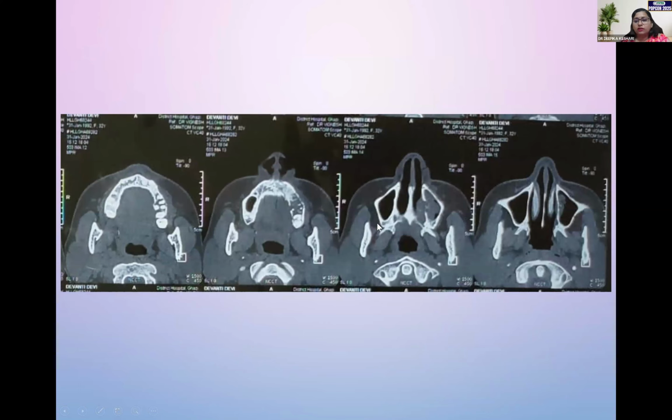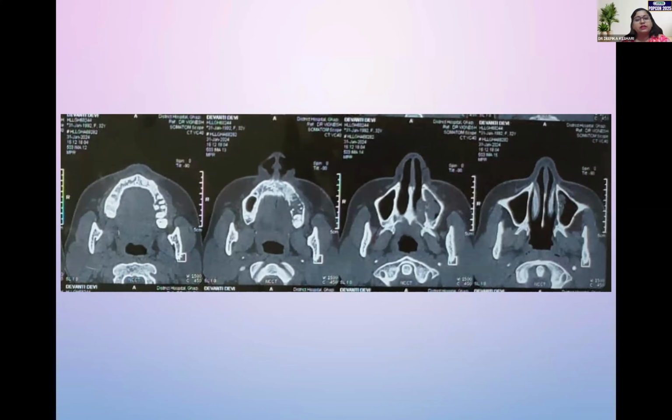But in this, we cannot differentiate whether this lesion is arising from a tooth, that is, of odontogenic origin, or it is due to some other cause. For example, the differentials in this case might be a salivary gland tumor or any lesion arising from the maxillary antrum, or it could be a central lesion also.